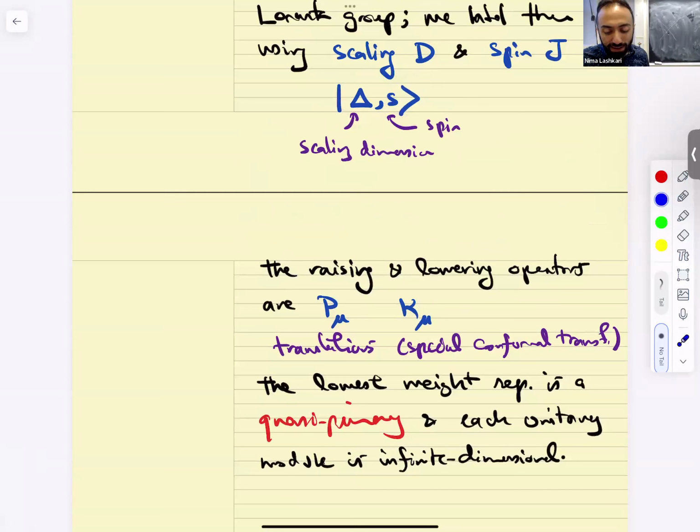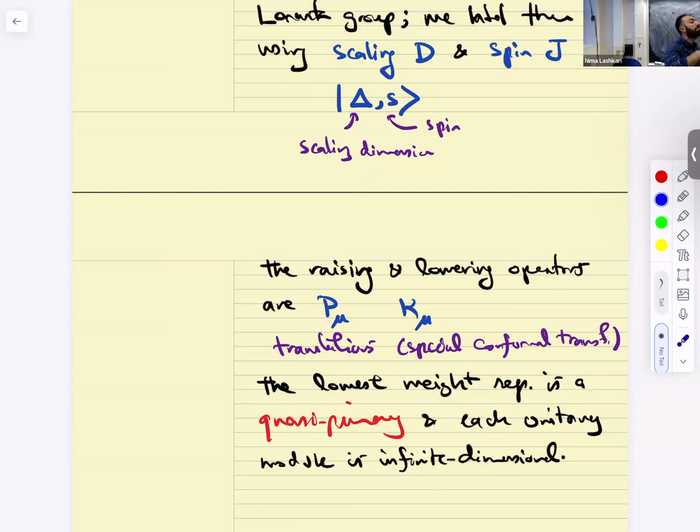Good. All right. This is scaling. This is spin. The raising and lowering operators: P mu is the raising operator. K mu, the special conformal transformation, is the lowering operator. We're going to do this later, but the lowest weight operators, in the lowest weight representation, which comes from diagonalization of the scaling operator D, are called quasi-primaries.